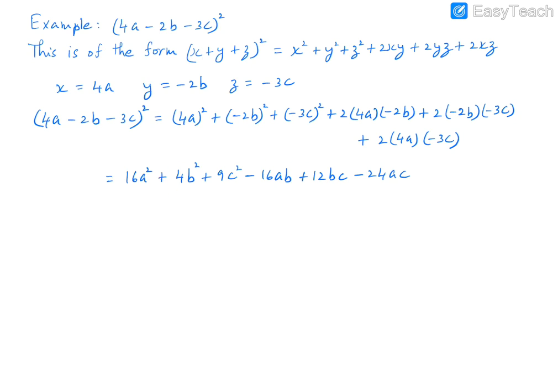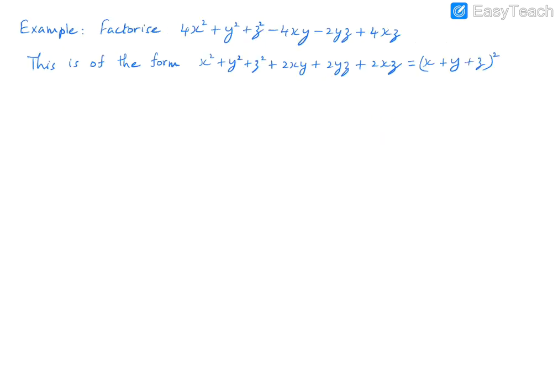Okay, the next example that we're going to see is, given an expression, how to use the identity for factorizing and finding the factors of the expression. So we have to factorize this expression: 4x squared plus y squared plus z squared minus 4xy minus 2yz plus 4xz.